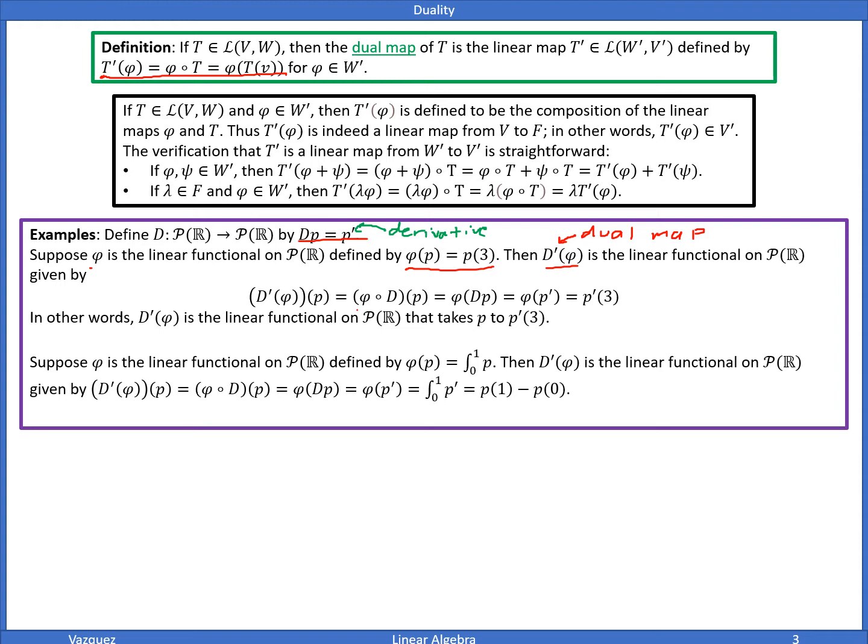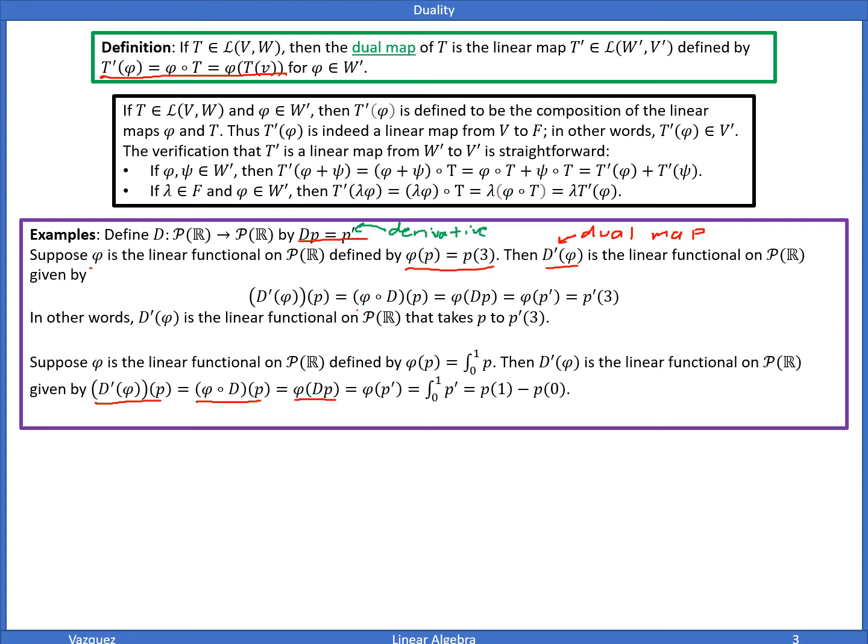Another example, suppose phi is a linear functional on this vector space of polynomials defined by, again, the integral of p. Now instead of derivatives, we're taking the integral of p from 0 to 1. Well, then again, we can apply the dual map definition. We just rewrite this like this, and then we rewrite it like this.